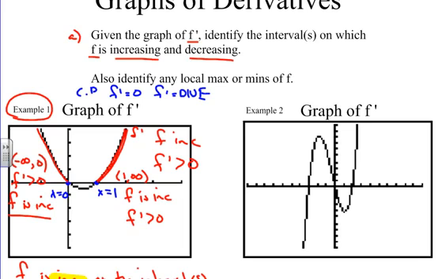Where f is decreasing, as we said before, it's where f prime is negative. So on this interval from 0 to 1, we find that f prime is negative, or I can write it as less than 0. We see that in many textbooks. Therefore, f is decreasing on this interval.